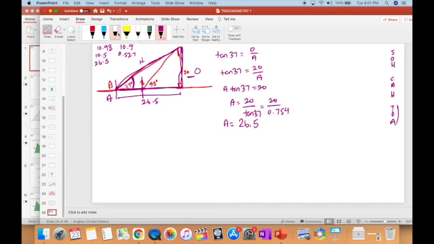Right? So now let's find this length here. And this length is from this smaller triangle. The smaller triangle, we're dealing with 52 degrees. This here would be the adjacent, and this here would be the opposite.